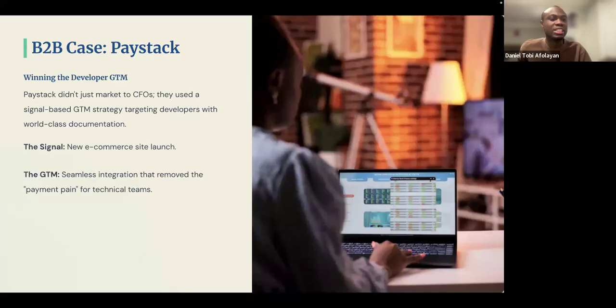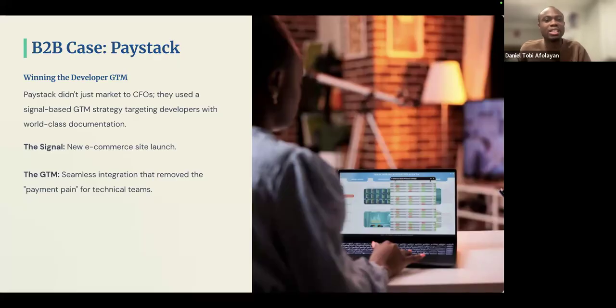So what they did is look for developers who were developing a new e-commerce site launch and all of that, who said, oh, we are working on this, we are working on that. They were not even doing a lot of ads, they just did one billboard in the whole of Lagos, right? But they found the right segment and knew the target in that segment.